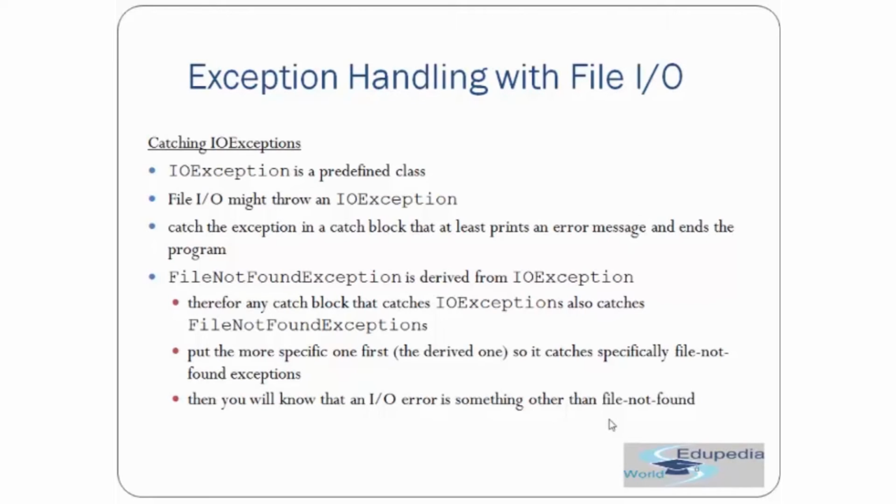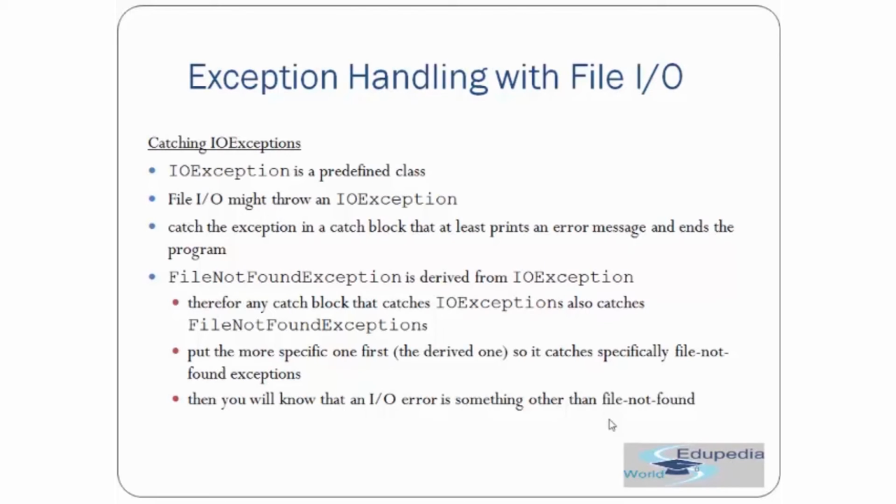Now, catching IOException. IOException is a predefined class, and file IO might throw an IOException. So if you are writing, inputting or outputting, then it might throw an IOException. Catch the exception in a catch block that at least prints an error message and ends the program.